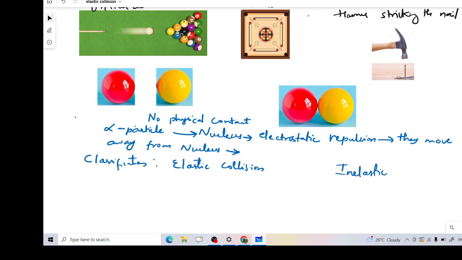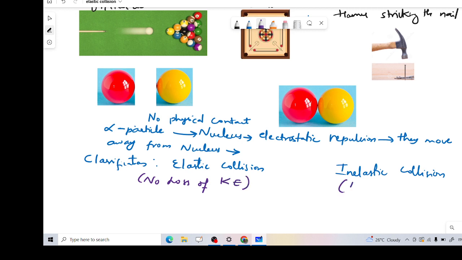Elastic collision is one where there is no loss of kinetic energy. In the inelastic collision, there is some loss of kinetic energy.